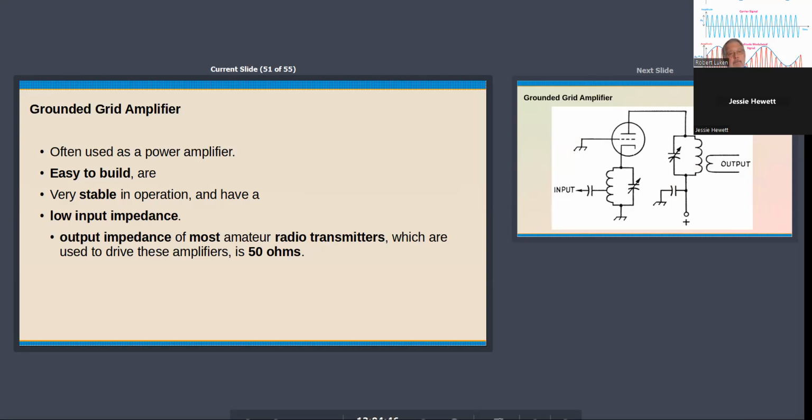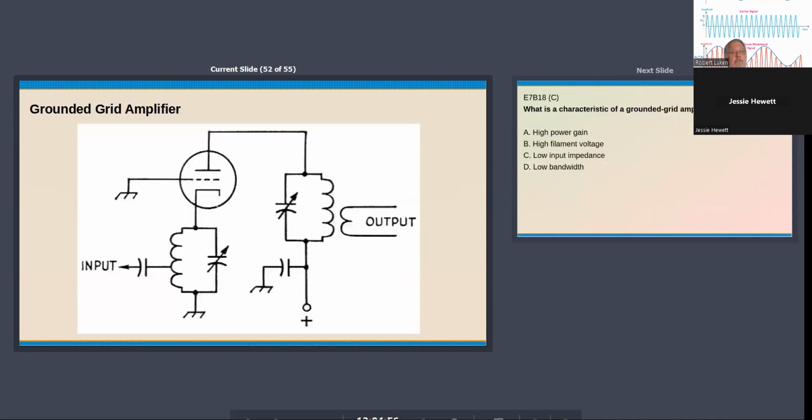And it's set up so it does basically a 50 ohm output impedance, which makes it convenient. There's the typical circuit for one, where you've got a tuned circuit in the cathode, as well as in the plate or output circuit.